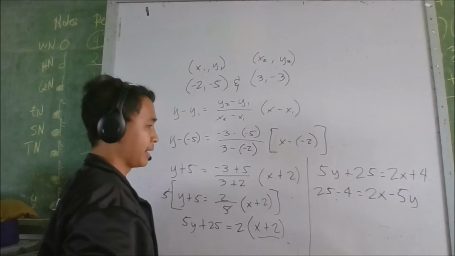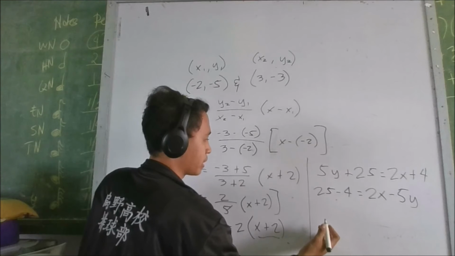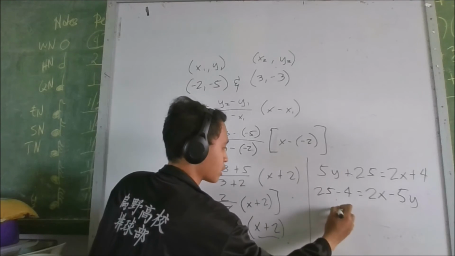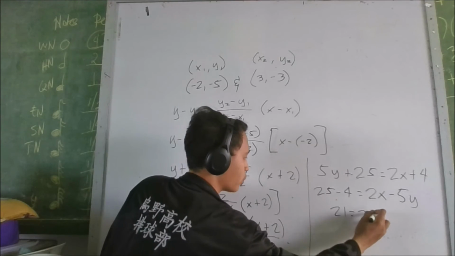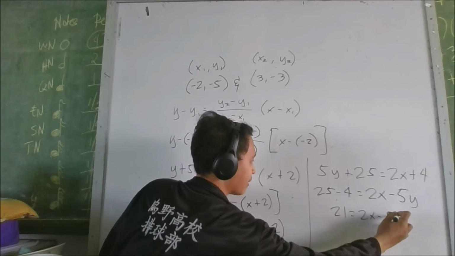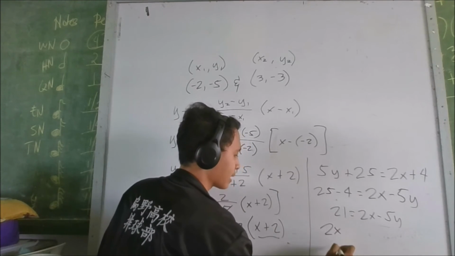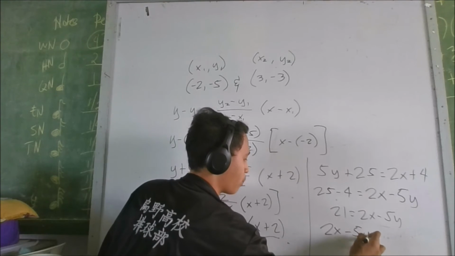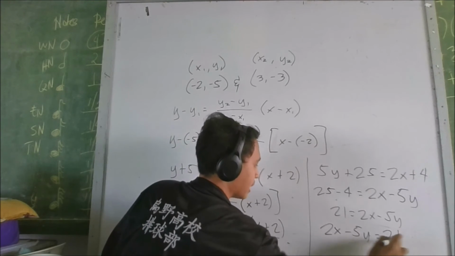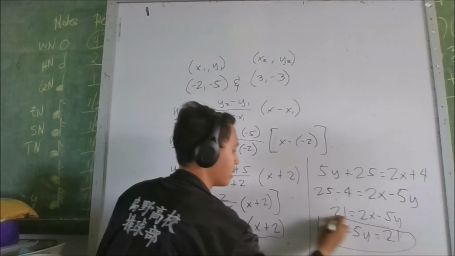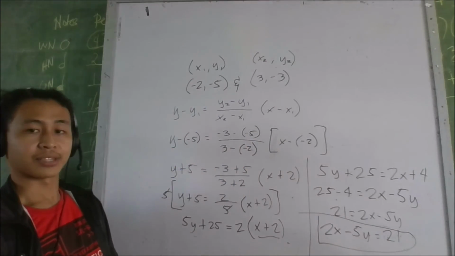Okay? And then 25 minus 4 is 21 equals 2x minus 5y. Okay? Or that could be rewritten as 2x minus 5y equals 21. This is our final answer.